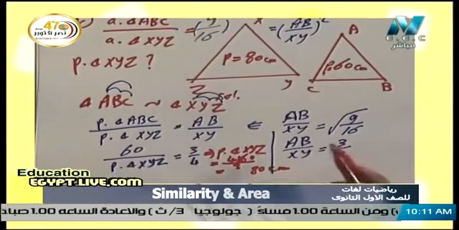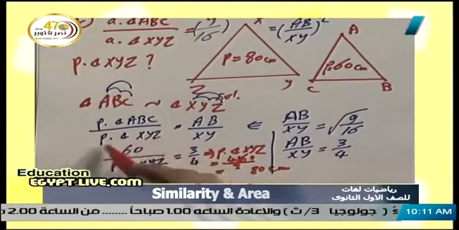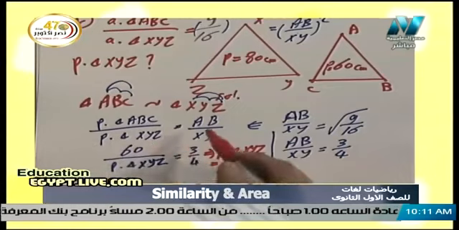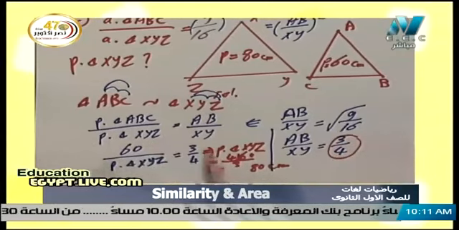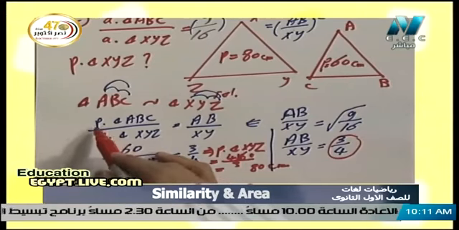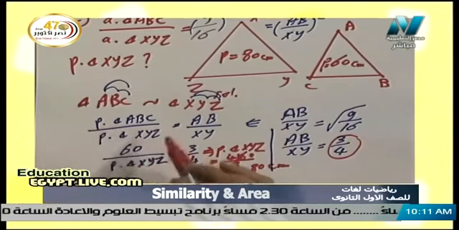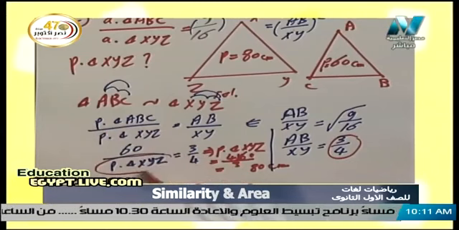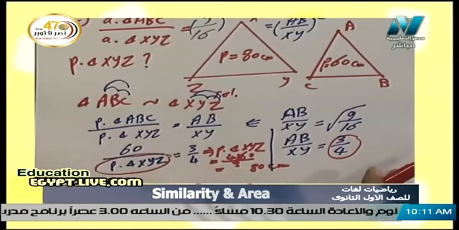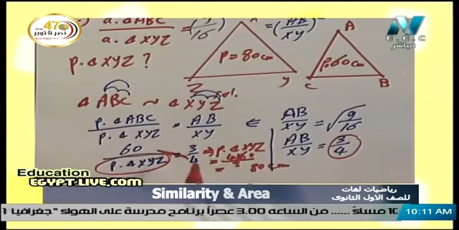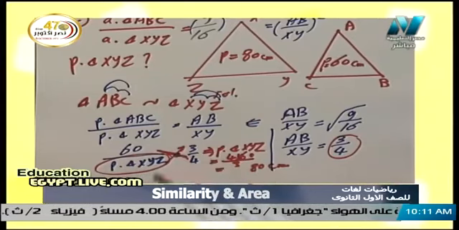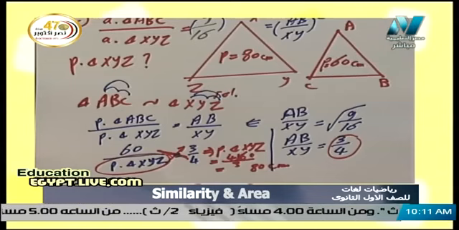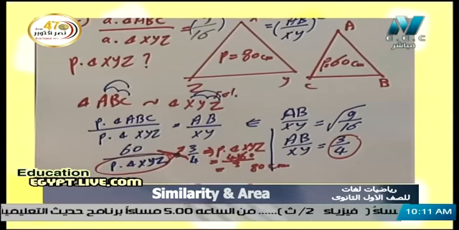So the perimeter of triangle ABC over triangle XYZ equals AB over XY, which is 3/4. And given that the perimeter of triangle ABC equals 60, we can get the perimeter of triangle XYZ by cross multiplication. We multiply 4 by 60 divided by 3, as we said in primary 6.